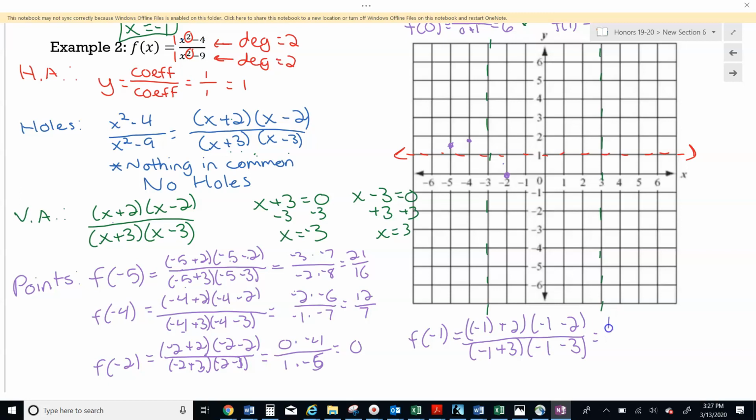Negative 1 plus 2 is 1, negative 1 minus 2 is negative 3.